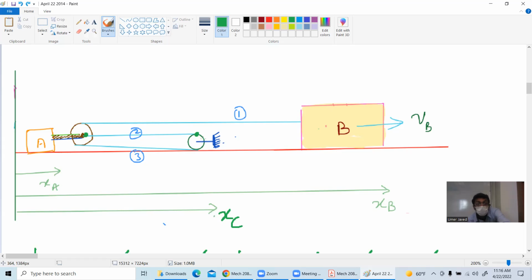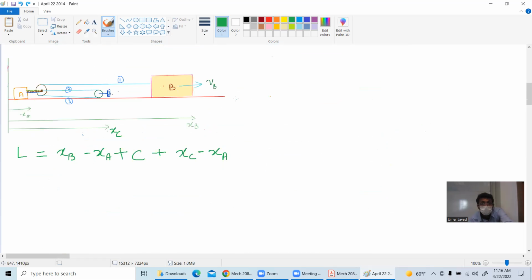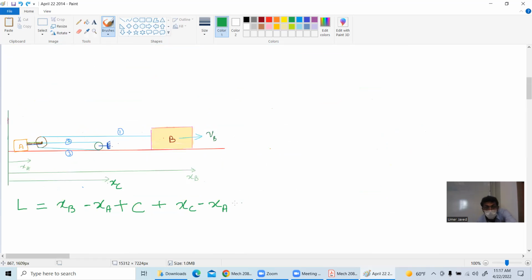Yeah, but that is a constant, right? So I will not be worried, and I will say XC minus XA plus a constant. And then I will calculate the length of this rope, and I will use the same strategy, plus XC minus XA, and I will not be bothered about the little constants. I will put them as positive C. You can say it's negative C, it's a constant.